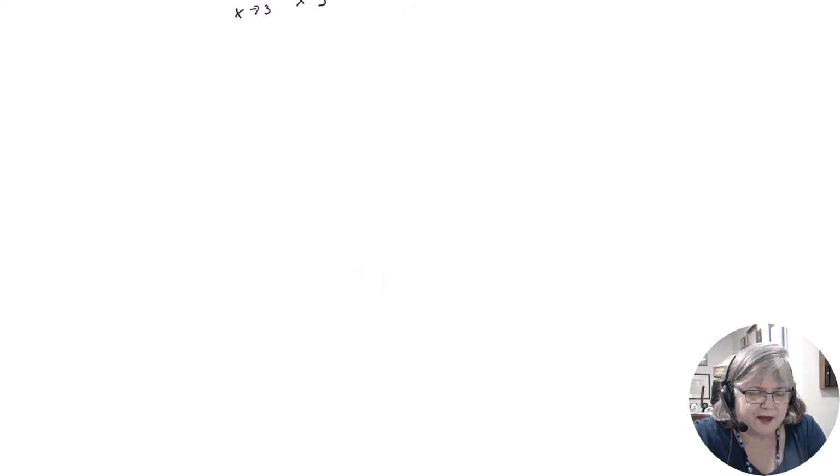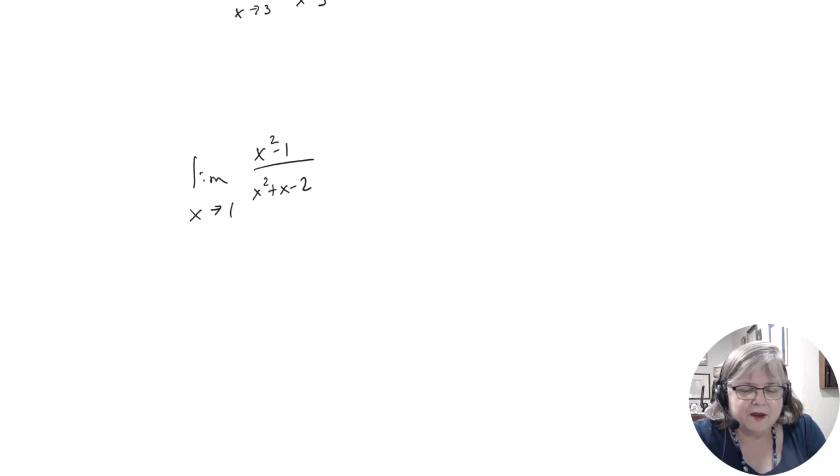So let's look at the limit as x goes to 1 of x squared minus 1 over x squared plus x minus 2. Now, if you substitute in 1, you would have 1 squared minus 1 on the top, that's 0. You would have 1 squared, which is 1, plus 1 minus 2.